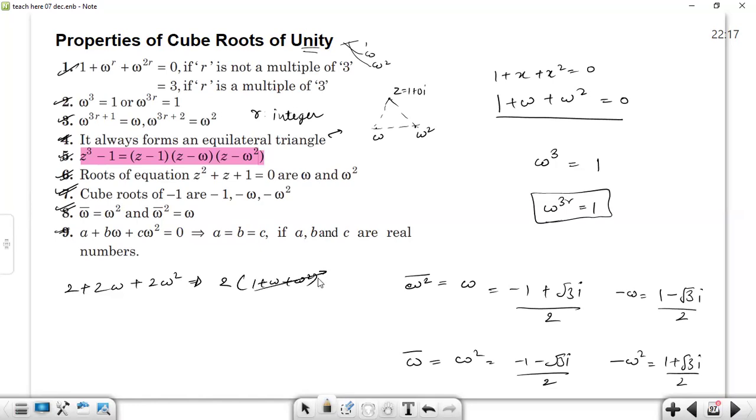Now we know this is 0, so the whole expression becomes 0. So the point is the coefficient of all the terms here has to be equal so that we can take that common, and then it's going to be 0 only. Clear, any doubt? No, sir. Okay.